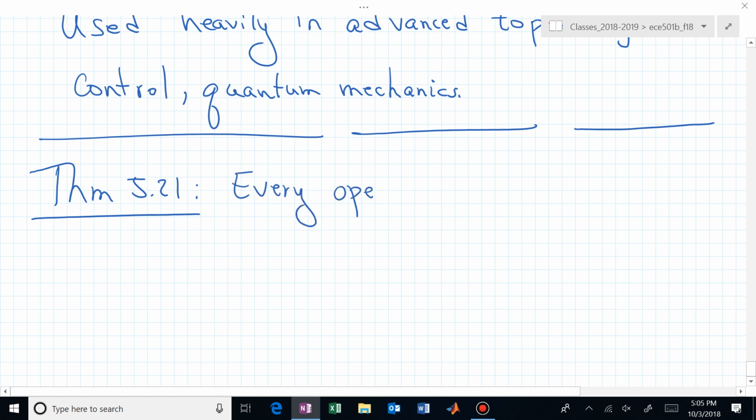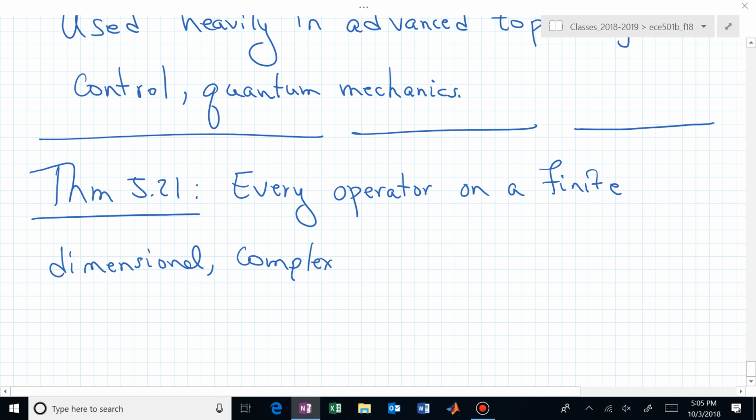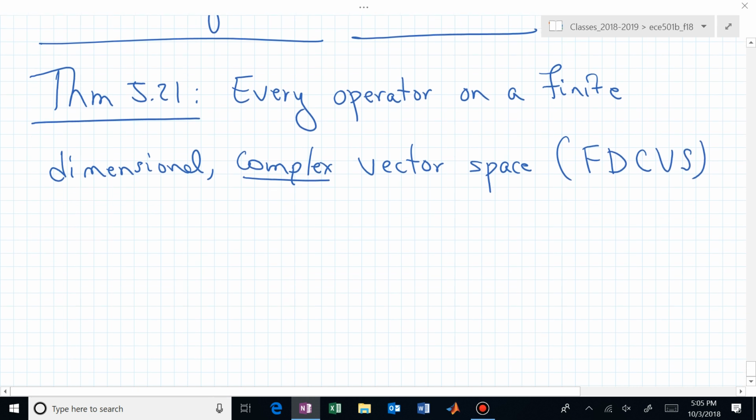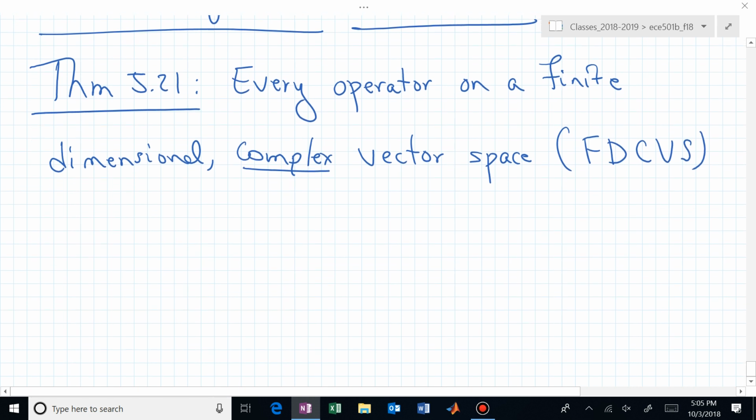Every operator on a finite dimensional complex vector space, FDCVS, finite dimensional complex vector space, of dimension greater than 0 has an eigenvalue.